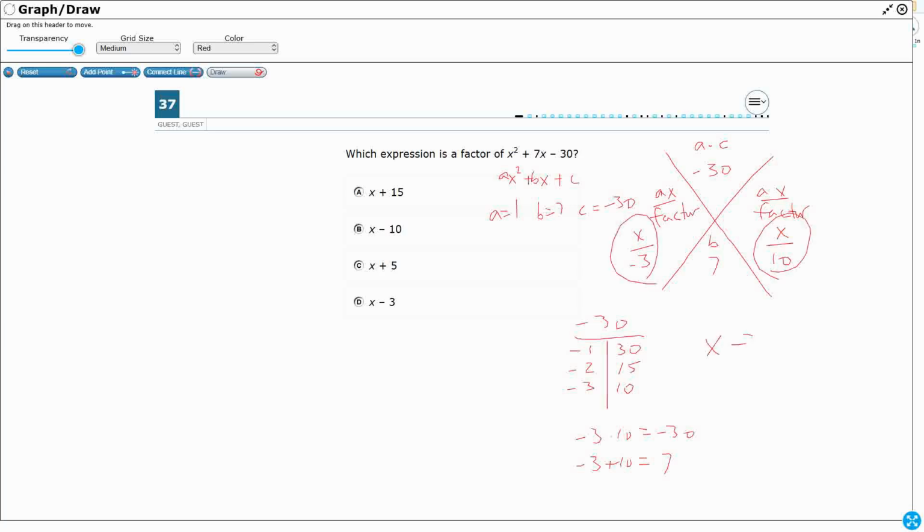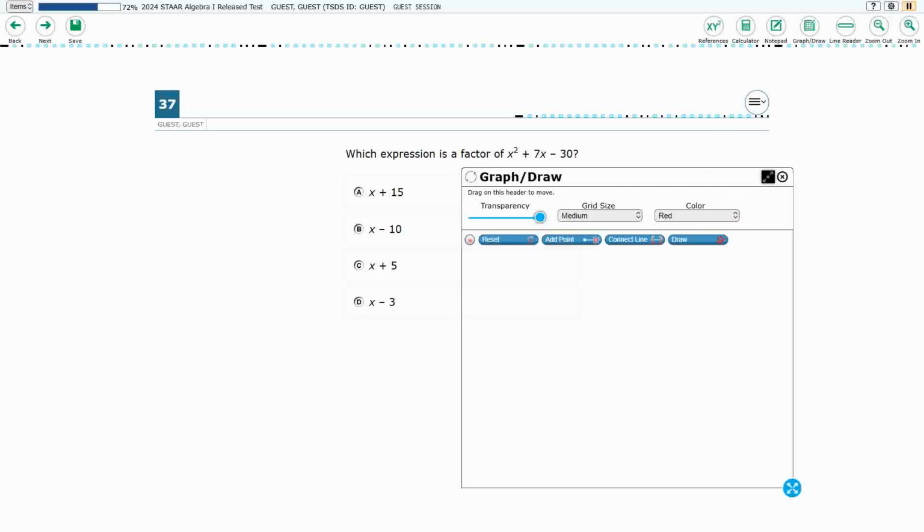So x minus 3, and then I've got an x plus 10. And if we want to, we can just double check. That's going to be x squared plus 10x minus 3x minus 30, and that becomes x squared plus 7x minus 30. So we're good.